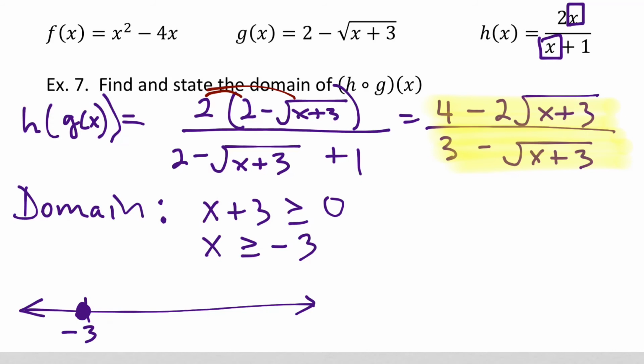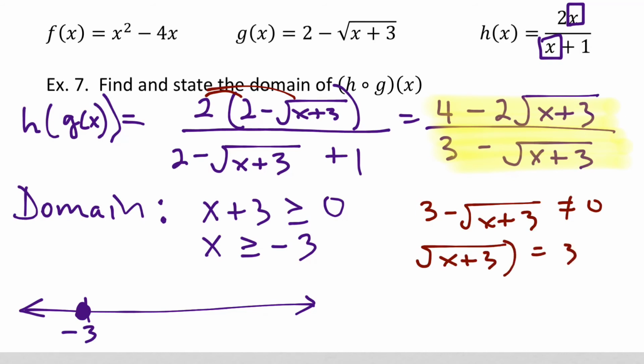Now let's look at the denominator. The denominator cannot be 0. So that means 3 minus the square root of x plus 3 cannot be equal to 0. All right, so let's solve for x. I can move square root of x plus 3 to one side and 3 on the other side.